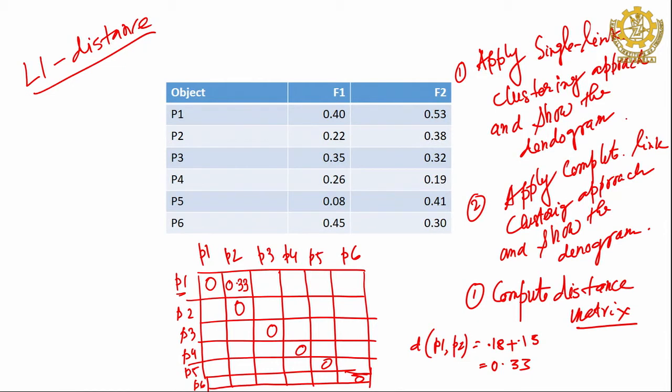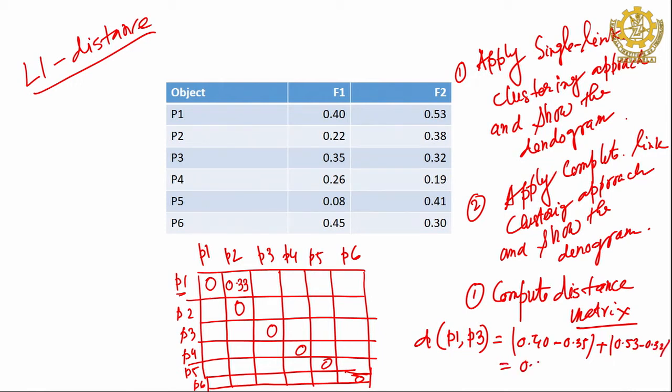Next, distance from P1 to P3. What is P1 P3? P1 is 0.40 minus 0.35 plus 0.53 minus 0.32.